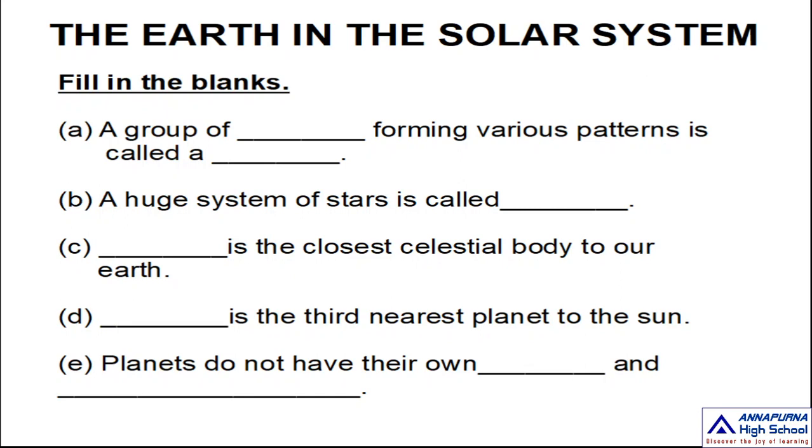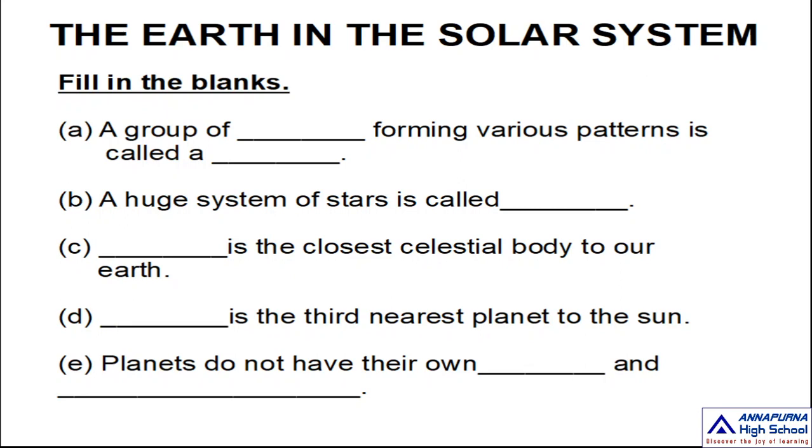The huge system of stars is called a galaxy. A galaxy is a huge system of billions of stars and clouds of dust and gases. The millions of such galaxies make the universe.